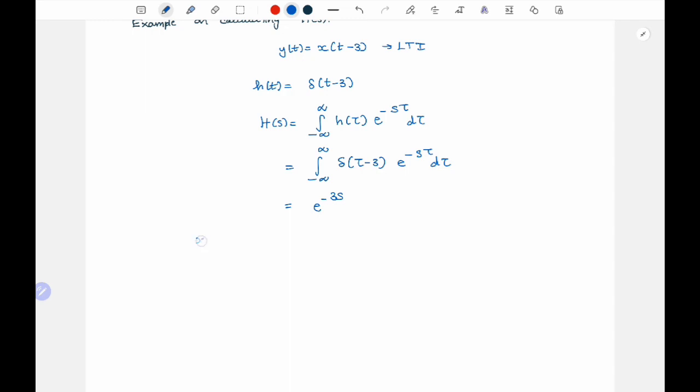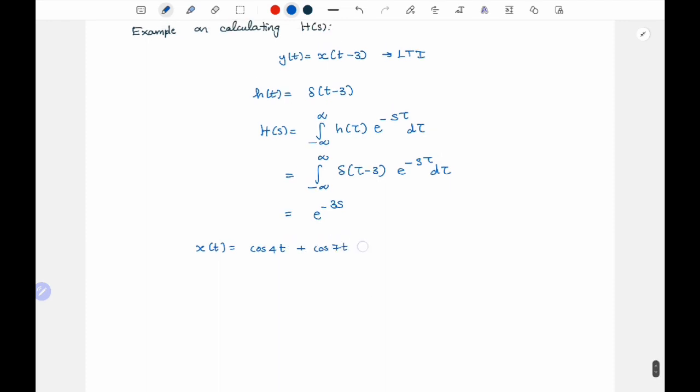Now let us say x(t) is cos 4t plus cos 7t. We can write this in terms of complex exponentials: (e^{j4t} + e^{-j4t})/2 + (e^{j7t} + e^{-j7t})/2. Now for each of these you need to calculate.